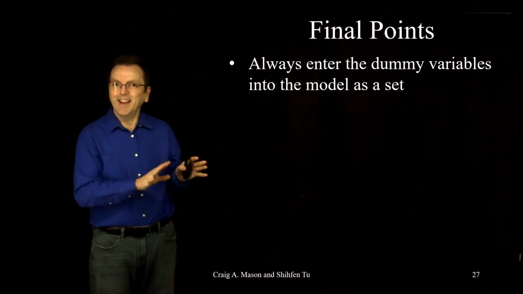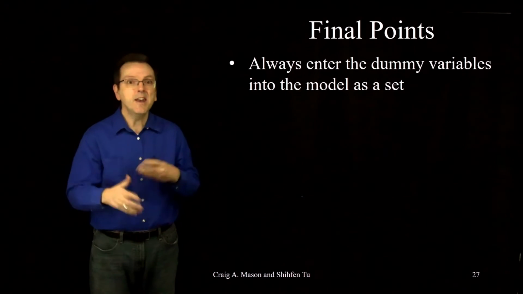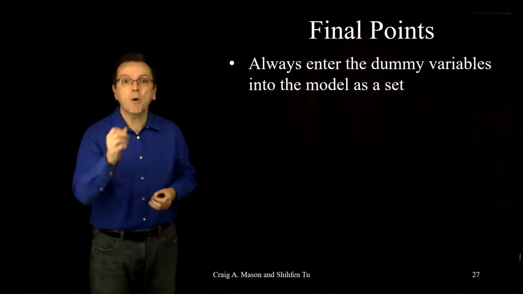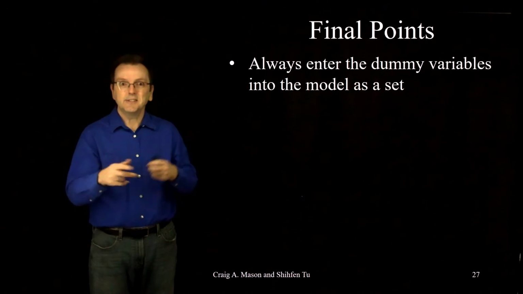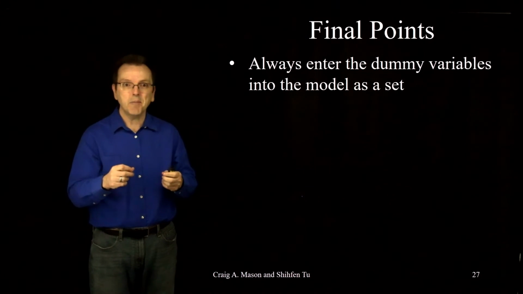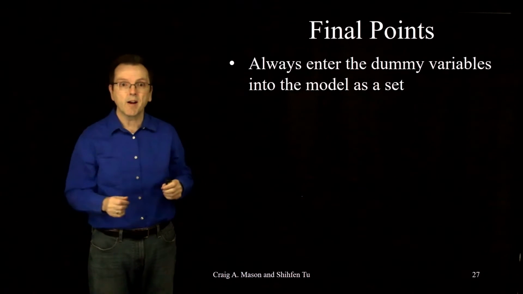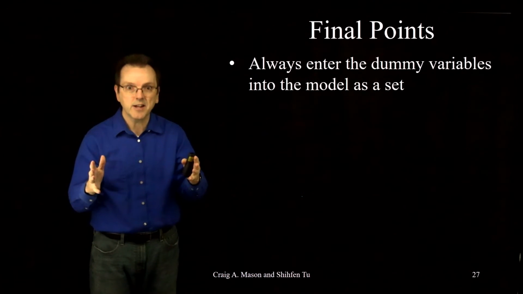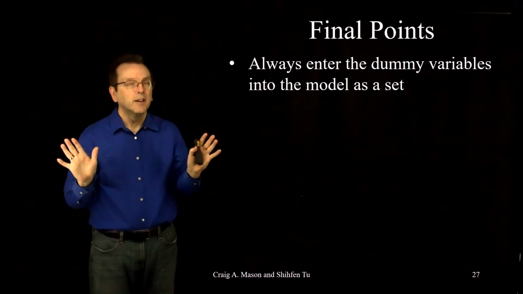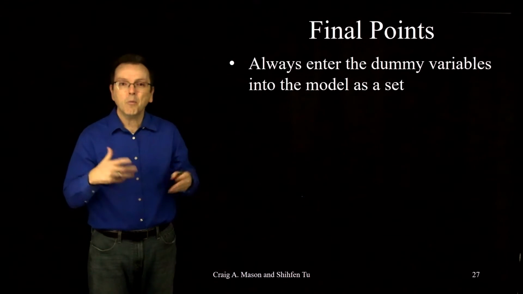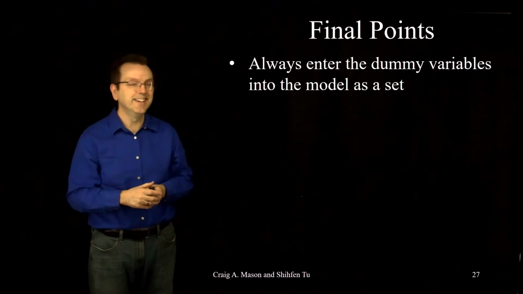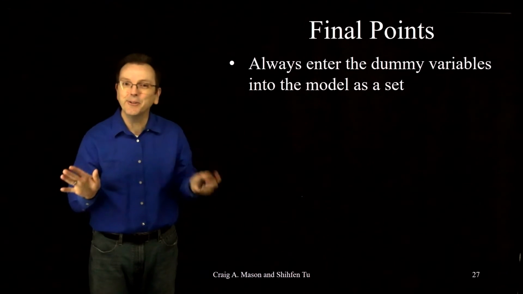Now, as an aside, this shows another problem with stepwise regression. Stepwise regression will just automatically add or remove individual dummy variables, not the entire set. Now, there are workarounds for that, but just don't do it, okay?